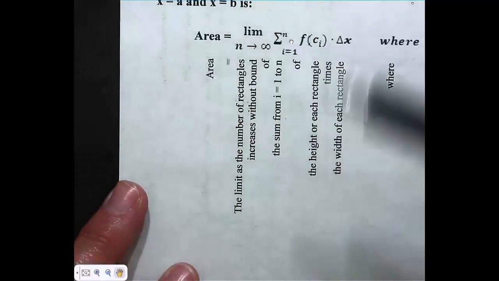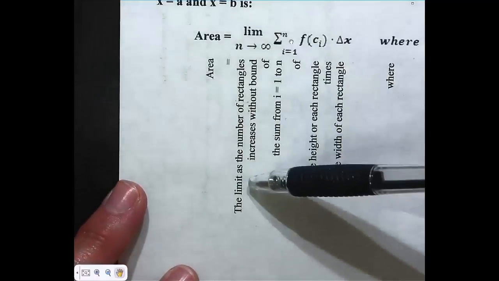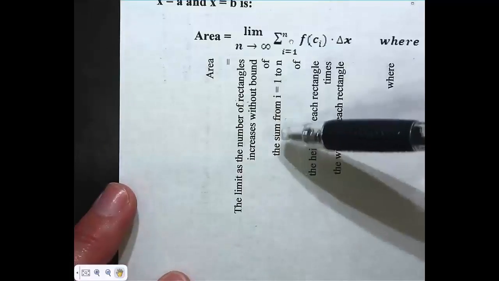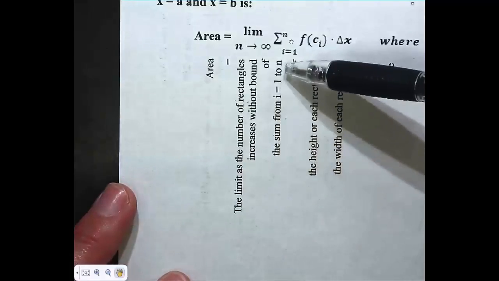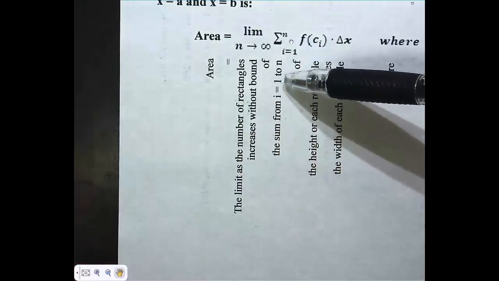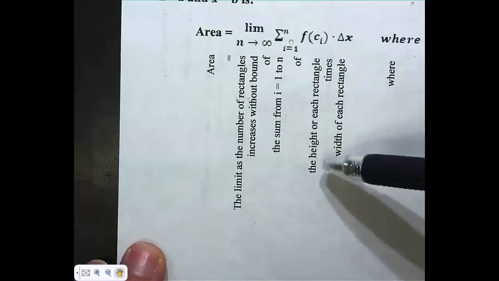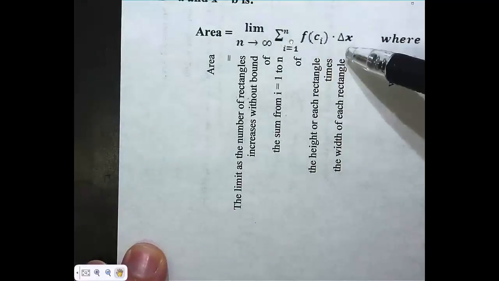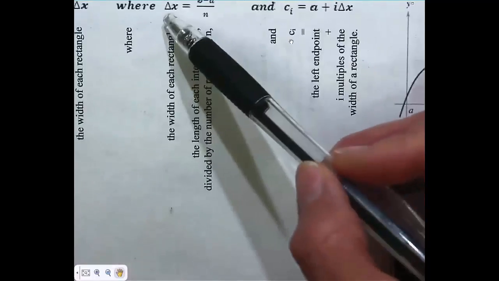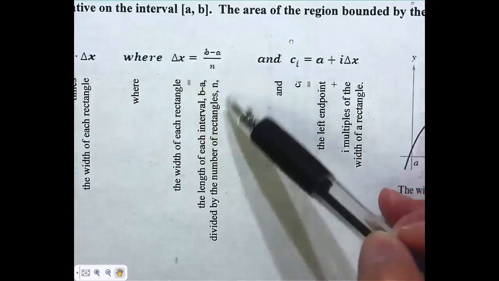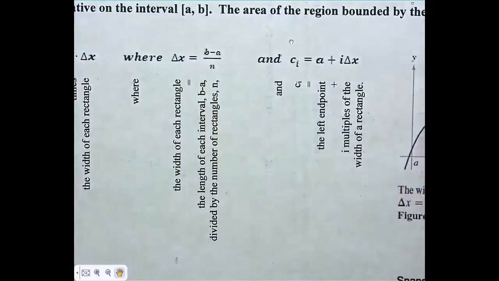I like my sideways typing here. The limit as the number of rectangles increases without bound of the sum from i equals 1 to n, that's adding up the area of n rectangles. The height of each rectangle times the width of each rectangle, where the width of each rectangle is b minus a divided by n. That kind of makes sense.